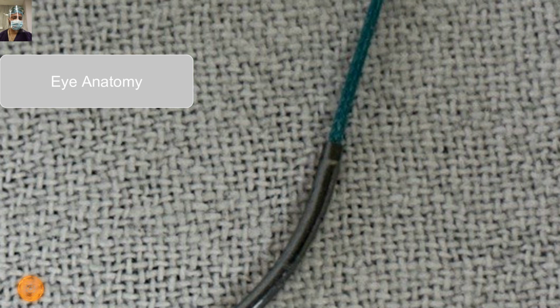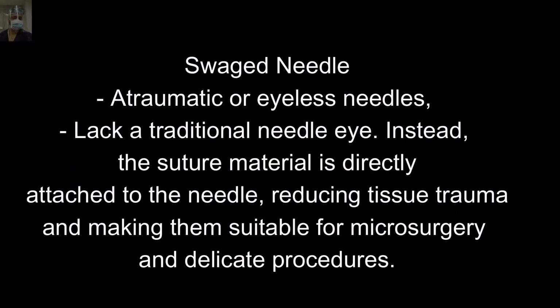In this close-up view, you can see that the swaged end is narrower compared to the body of the needle. That is the whole purpose: if we use an open eye, then the thread end will be broader, and it will cause more tissue trauma. So we want to keep the eye end as narrow as possible.